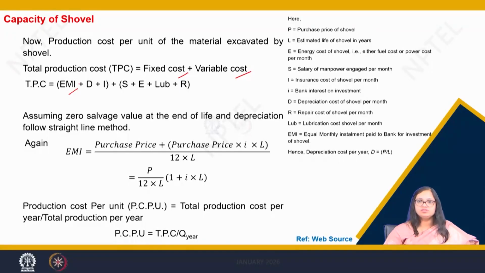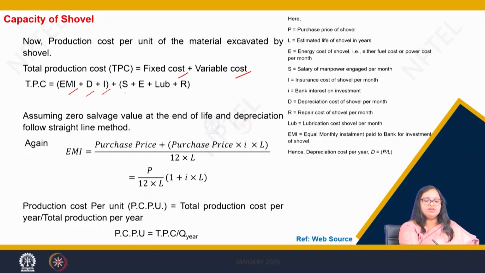It costs a huge amount, so if it is not given upfront by the buyer, then it has to be divided into monthly installments. So, that accounts for its fixed cost. Then there is the depreciation of this machine, and also the insurance cost, which accounts for the fixed cost, and this fixed cost is calculated on a monthly basis.